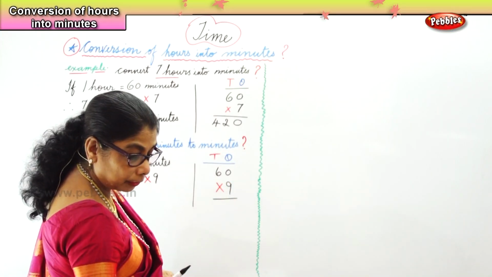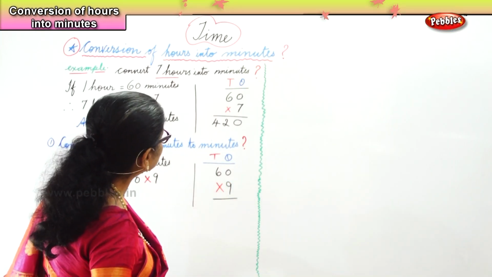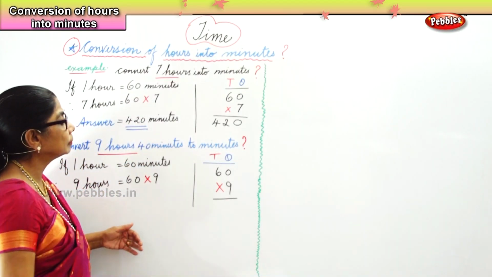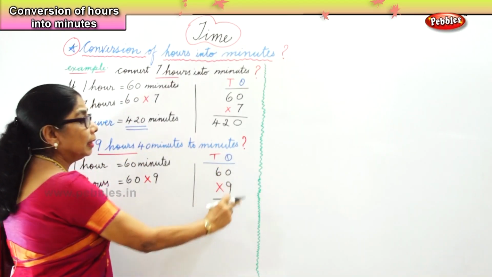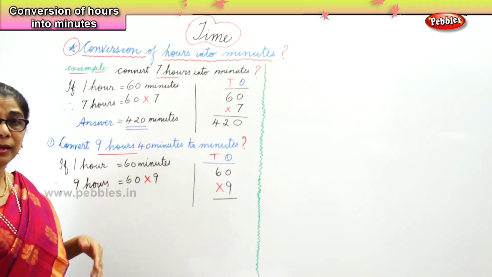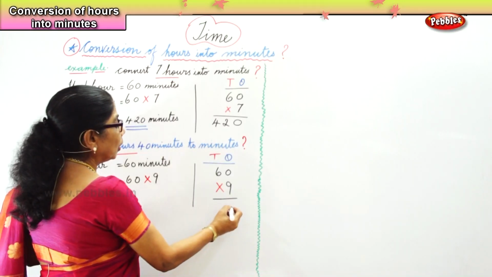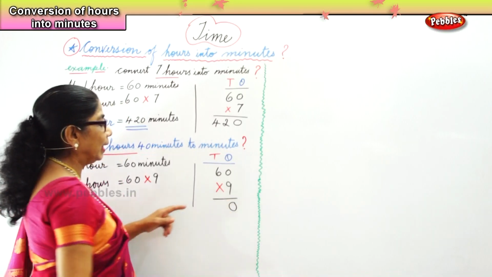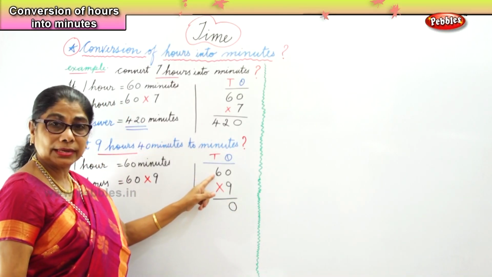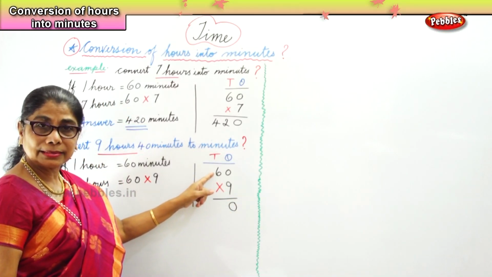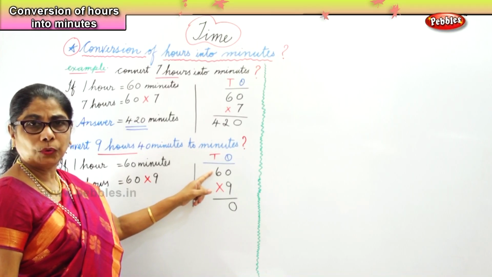Now, any number into 0, 0 into 9, 9 into 0, the product is 0 itself. Then 9 into 6. 9 sixes are 54.